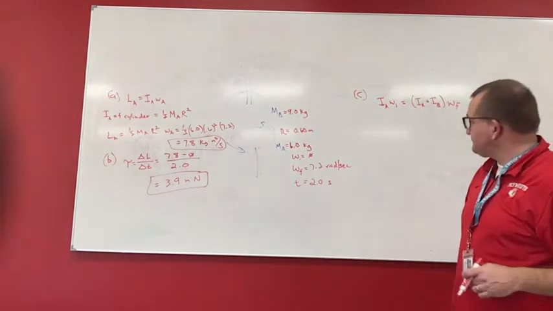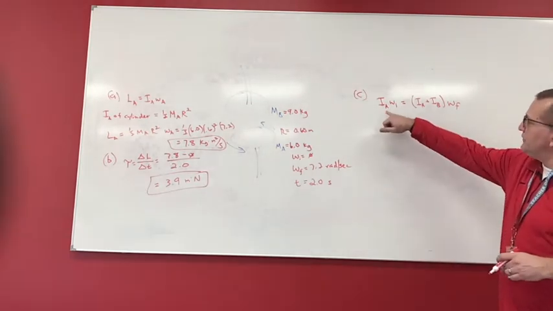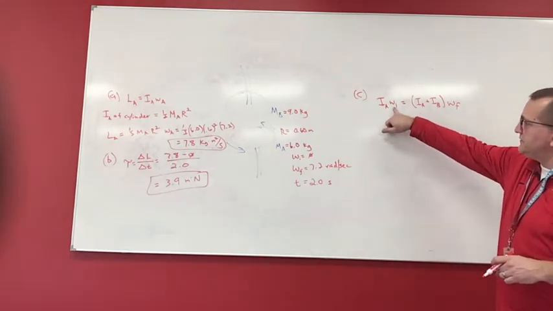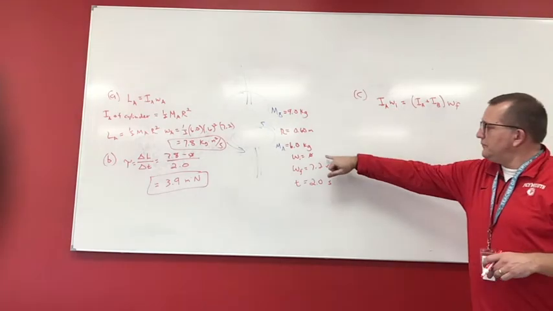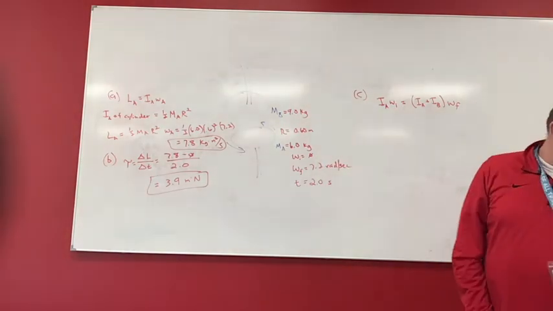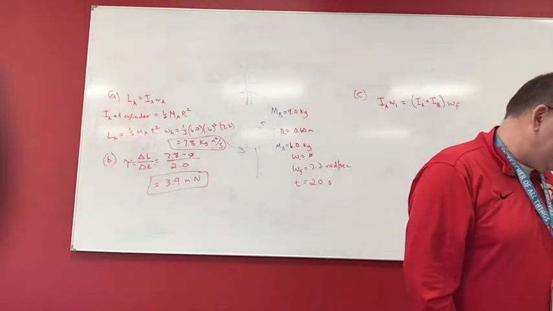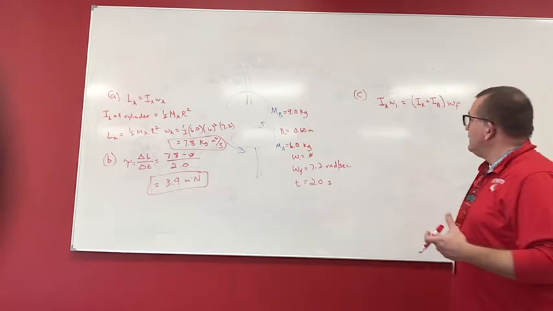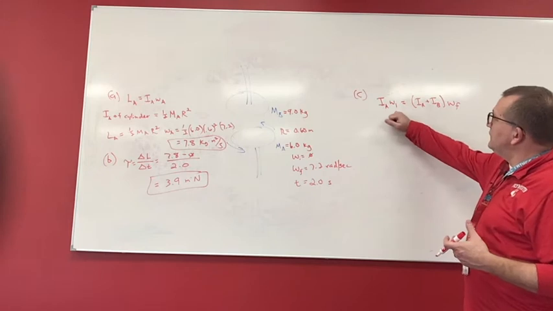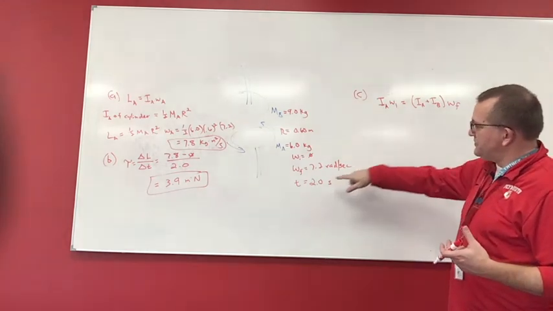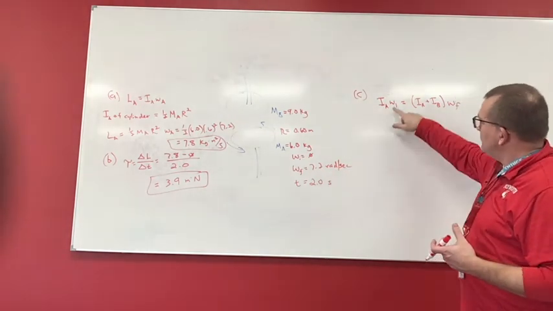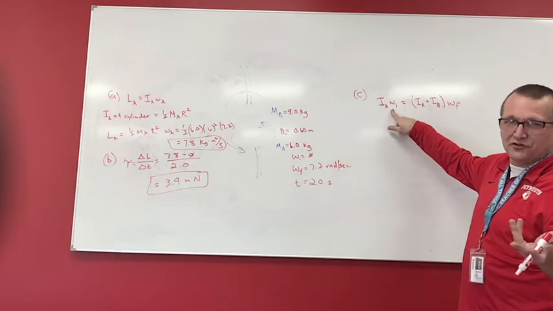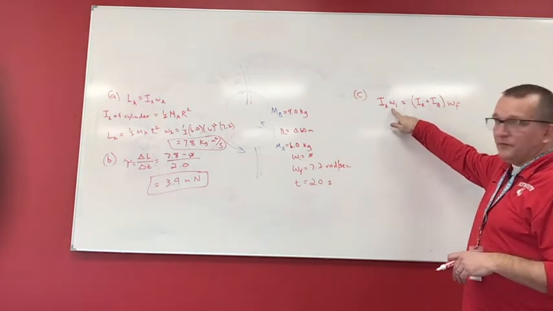Okay, well, first off, moment of inertia of A times the initial velocity is what we're looking at here, right? So we know that whatever A is spinning when they touch, which essentially is going to be this. I could call it W final, but it's initial for the system.